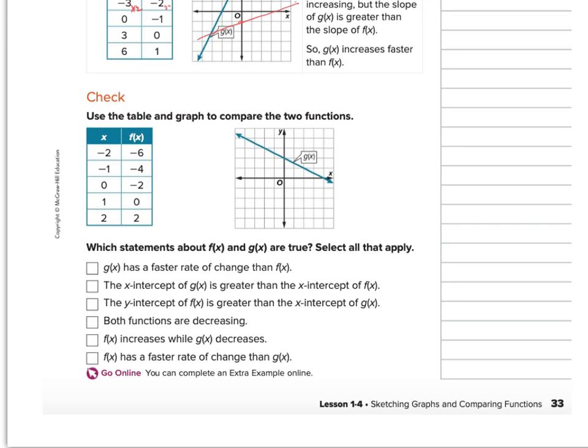So let's see here. Which statements about f of x and g of x are true? I'm going to make this easy on me again.